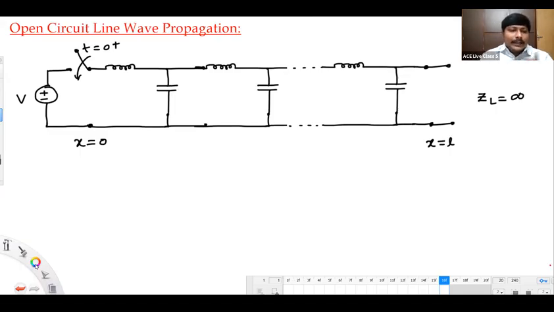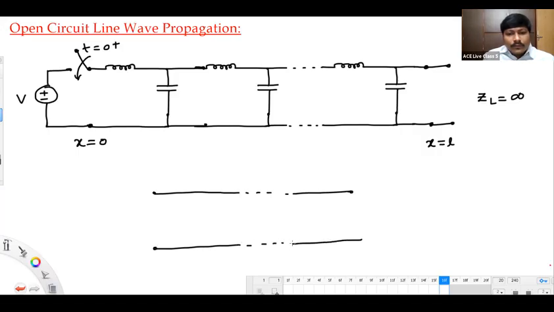Else, if you want, I will show the exact distributed model also, like this. There is a voltage source V, a place at which the switch is going to be closed, and this is the receiving end where the ZL value is infinite. Like that also you can.